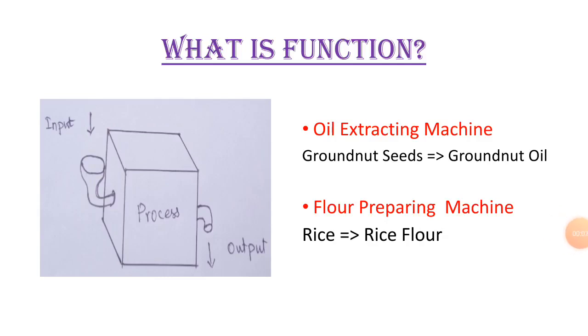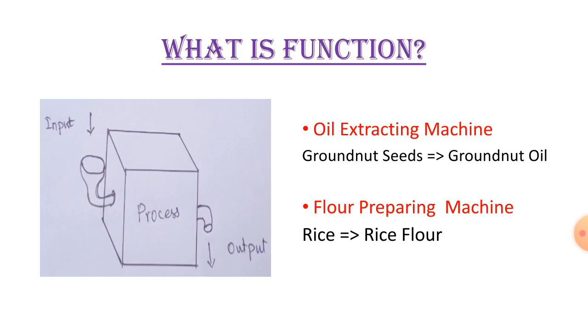What is a function? Before going to the proper definition, just consider a machine. For every machine, there is some input and process. Depending on the input and process, it will produce some output. For example, the machine is an oil extracting machine.